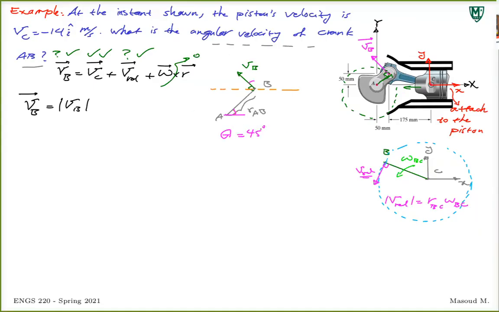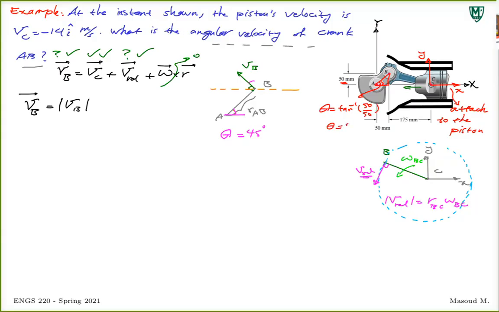is 45 degrees. Let me clean up here so we can actually look at it as, this is a right triangle there. We're looking at this triangle here, and this is the angle. This angle is tan inverse opposite, which is 50 millimeters, divided by adjacent, which is 50.